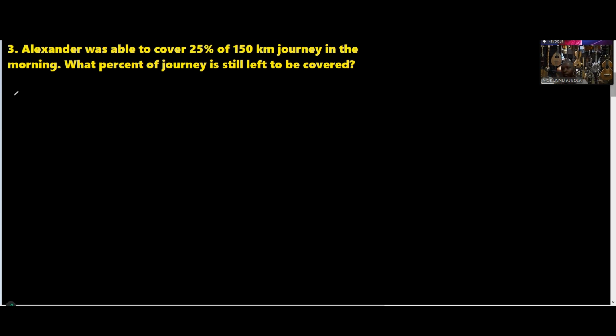Out of 100%, Alexander covered 25%. So what is 100 minus 25? 10 minus 5 is 5, and 9 minus 2 is 7.